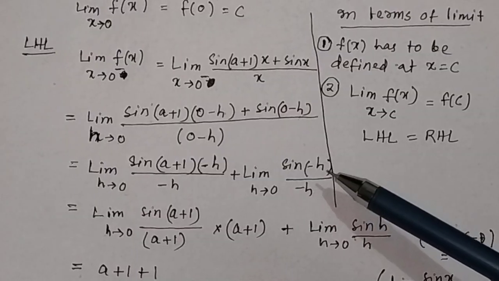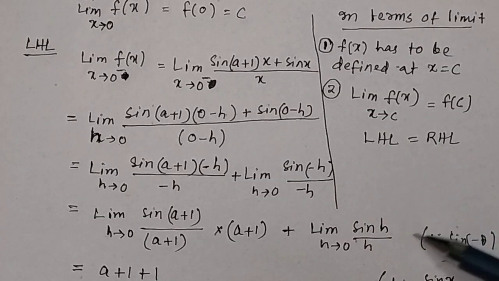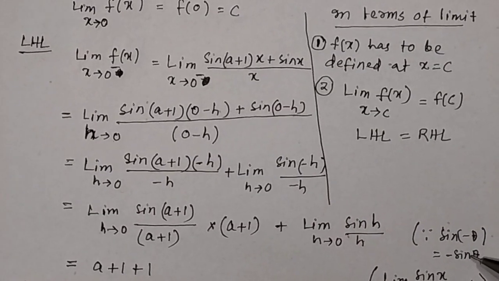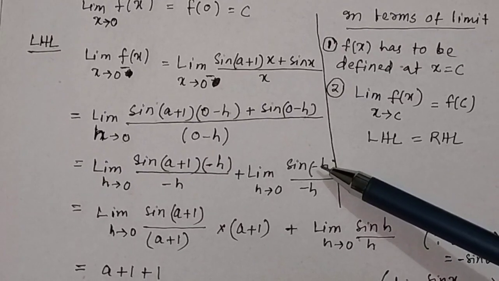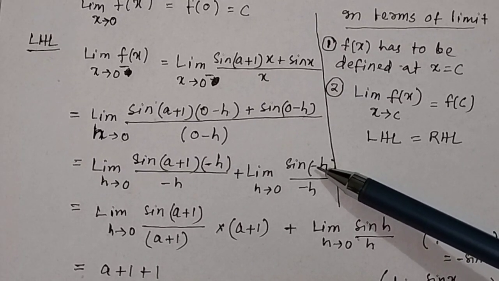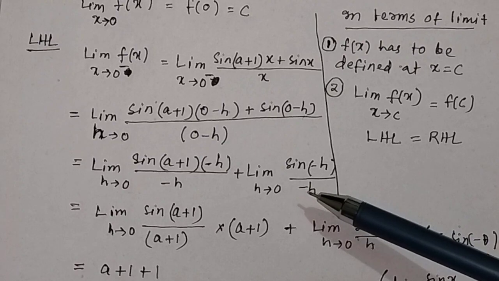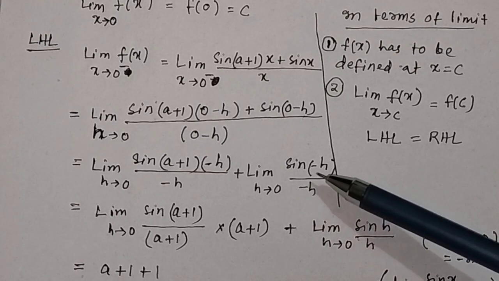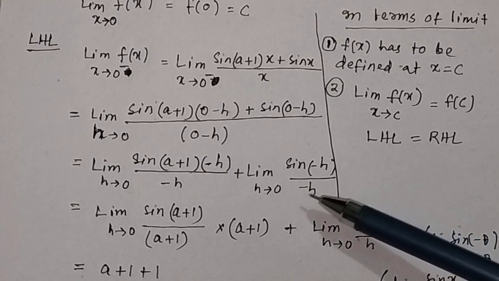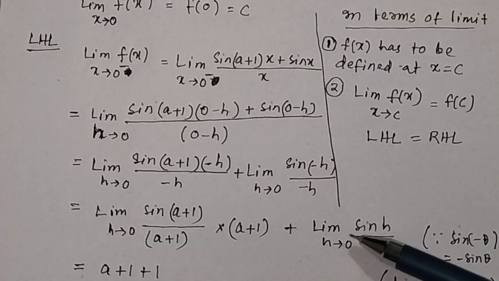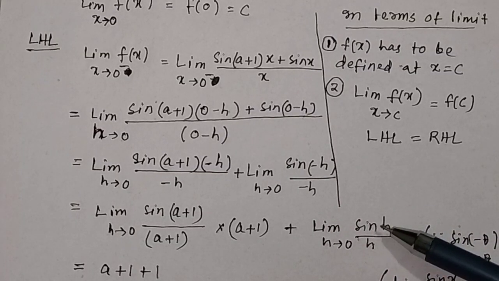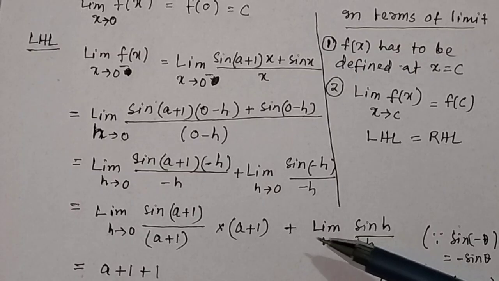And we know sin of minus theta is equal to minus sin theta. So this will be equal to minus sin theta in the numerator, so minus sin theta divided by minus h. So this will be equal to sin theta divided by h. So the second term will be equal to the limit of sin h divided by h as h approaches 0.